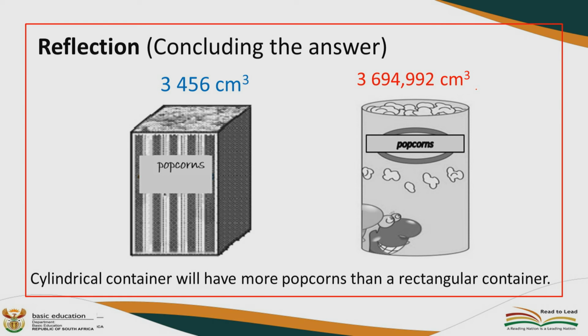The cylindrical container will have more popcorn than the rectangular container, because this value is greater than this one. So the cylindrical container will have more popcorn than the rectangular container.